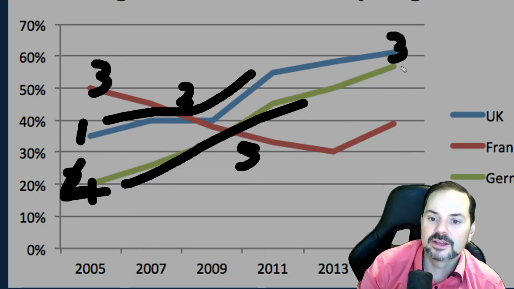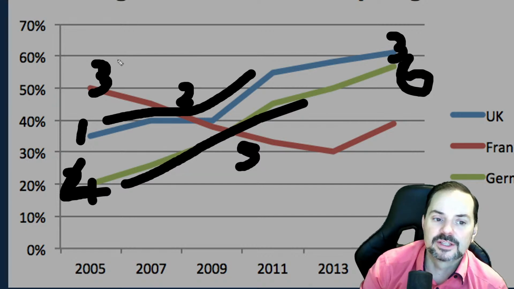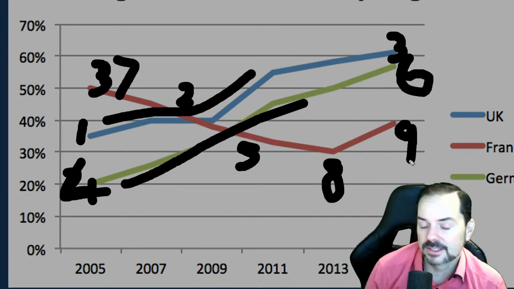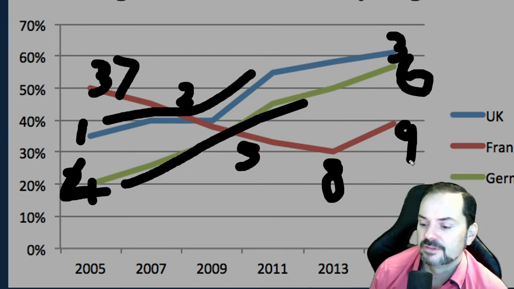And then ending close to the UK in 2015. And then with France, I might do this, the 7th point where it starts, and then the 8th point again here, and then maybe a 9th point here. I have to be careful with my sentences, otherwise I'm going to be way over 150 words.